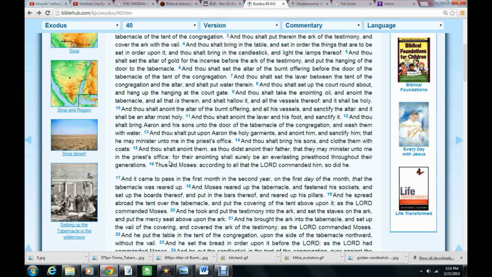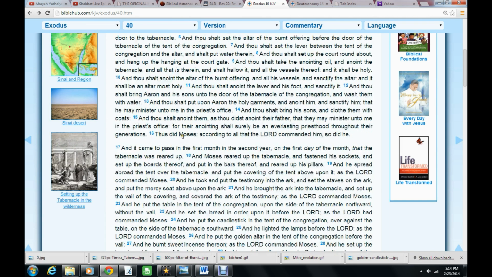And thou shalt anoint them as thou didst anoint their father, that they may minister unto me in the priest's office. And their anointing shall surely be an everlasting priesthood throughout their generations. Thus did Moses according to all that the Most High, Ahiah, commanded him, so did he.